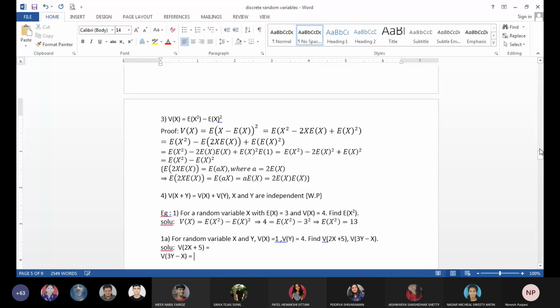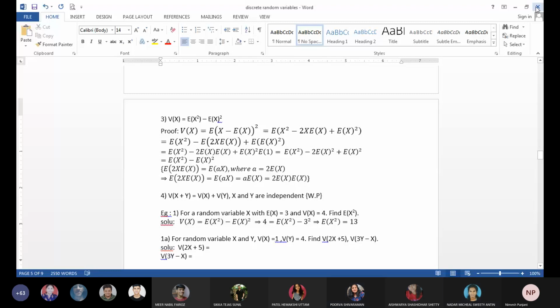So what will be variance of 2x plus 5? For the first one it's 4. Okay, which property are you using? First property.